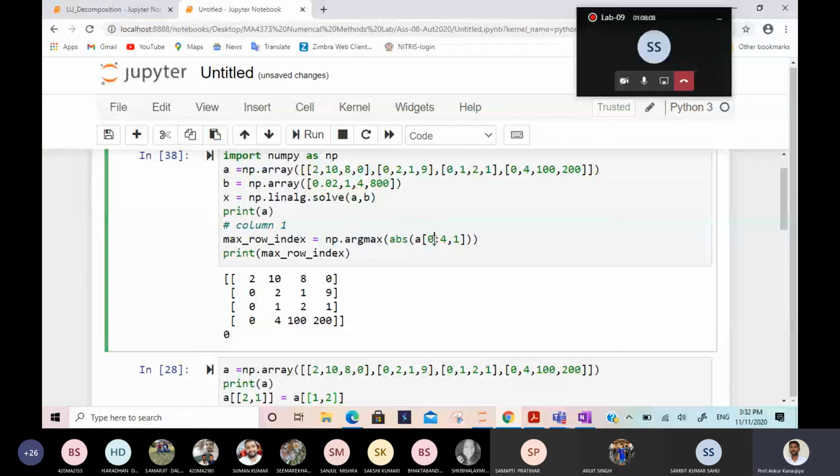But if you start from 1, which is what we need, then it will find the maximum in these 3 entries. The maximum is at the bottom, that is 4. So it counts as 0, 1 and 2, and that's why it is giving the answer 2. But in the actual matrix, the answer is 3, the last row. So whatever we skip here, we have to add in the counting. That's why +1 is added here for this column.